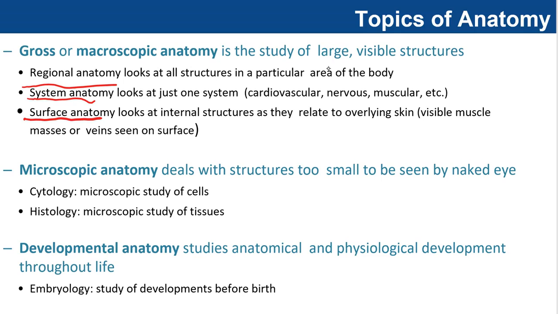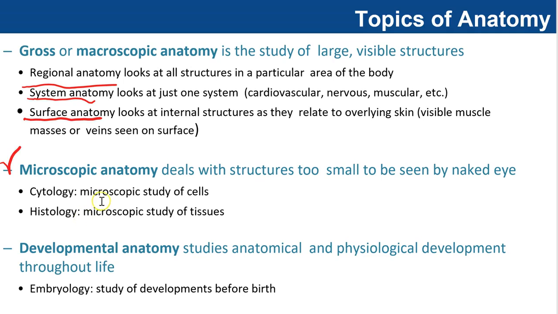Microscopic anatomy is the other branch of anatomy. It deals with structures too small to be seen by the naked eye. It's the study of tiny anatomical structures such as tissues and cells that can be seen and examined with magnification aids such as a microscope.